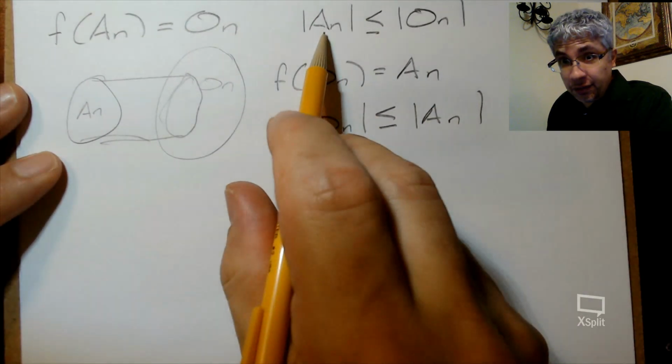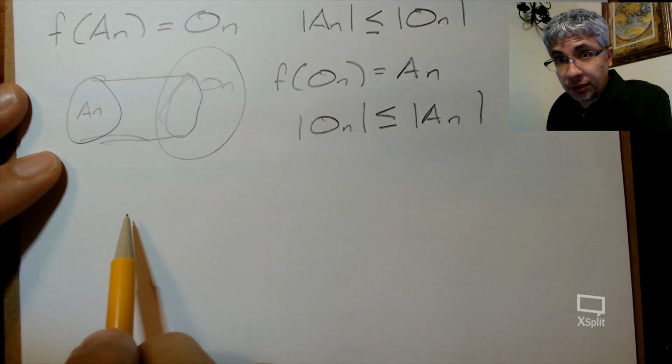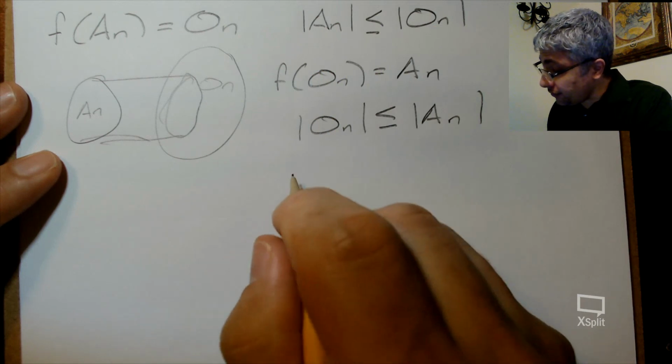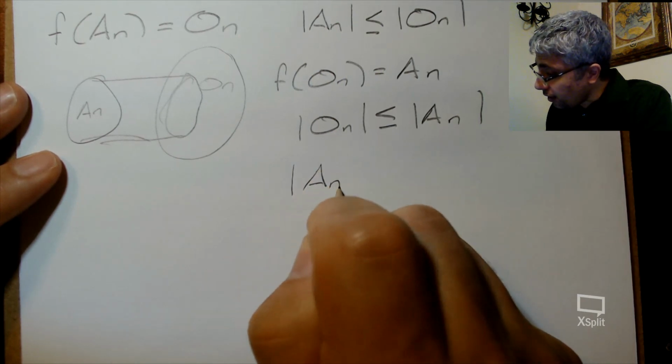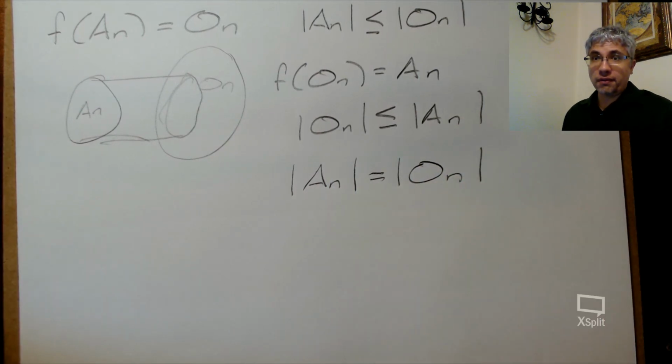So the number of evens is less than or equal to the number of odds, and the number of odds is less than or equal to the number of evens. So the number of even permutations equals the number of odd permutations. And we'll talk more on size in the next video.